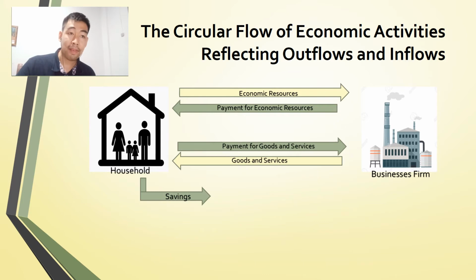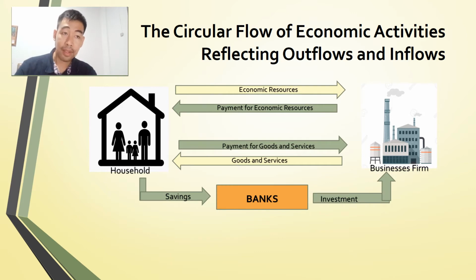Precisely, the income of the business firm may reduce, since the money intended to buy goods and services from the business firm will be diverted to the savings of the household.